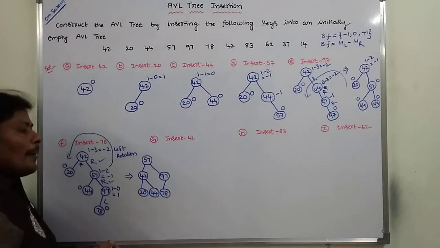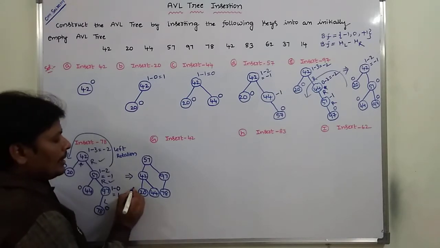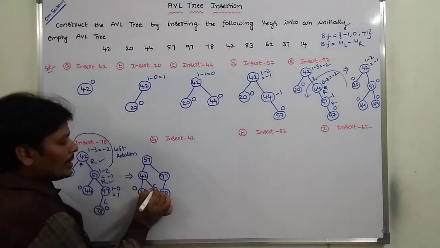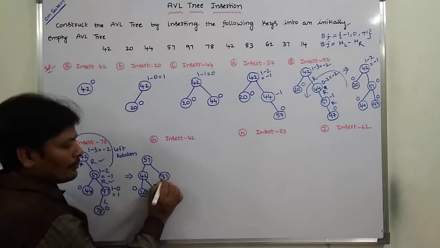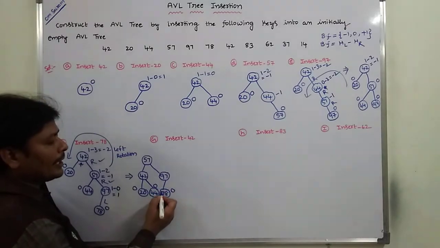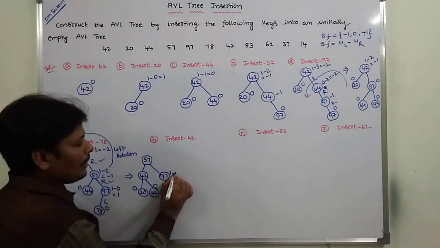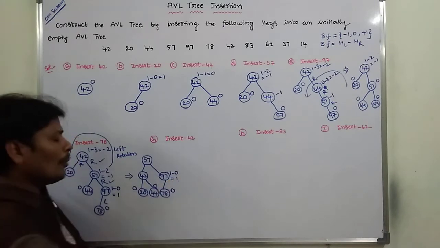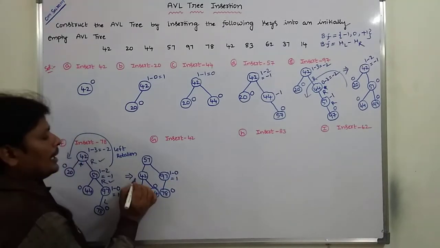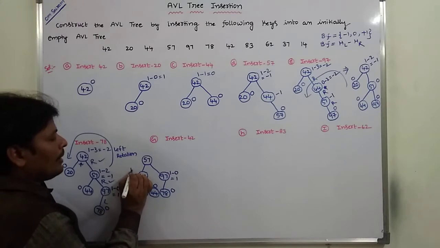Now apply the balance factors. Here this balance factor is 0, this one is 0, this one is 0. For this one, 97, the height of left subtree is 1 minus height of right subtree 0, so 1 minus 0 is equal to 1. Next, 42: height of left subtree 1 minus height of right subtree 1 is 0.